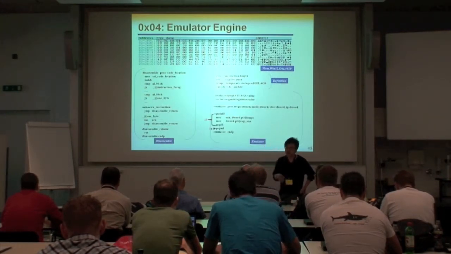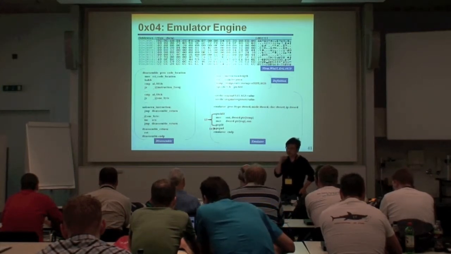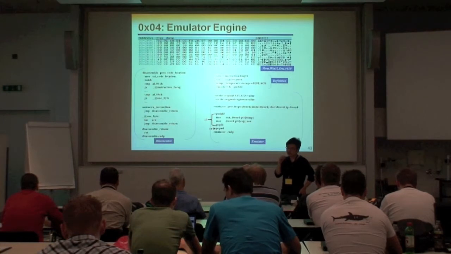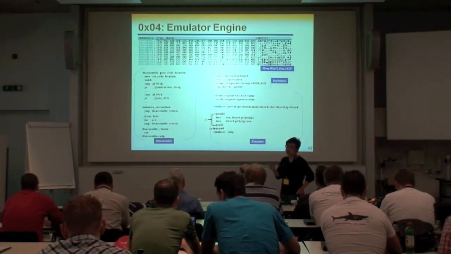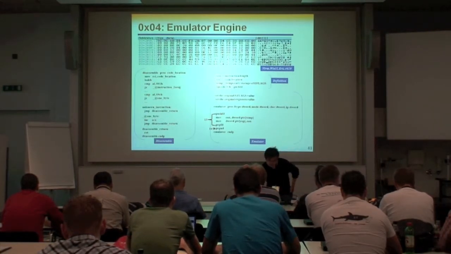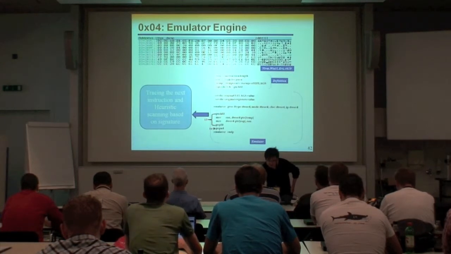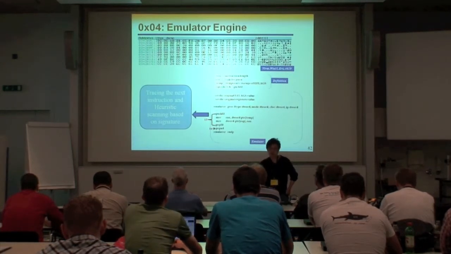Last, the emulator sets the value of EFLAG and registers EAX, EBX and other registers to their original values. The process of the program will jump back to heuristic for scanning.